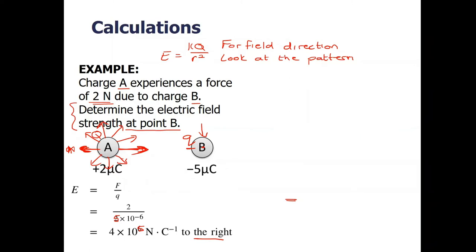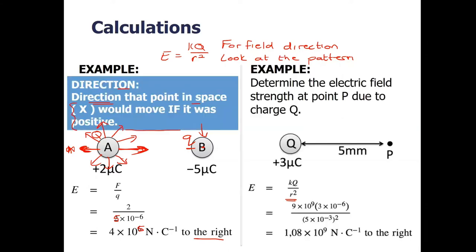From that point of view, what direction is that field pointing in? If we look at the other one's direction, so this one also is to the right. It's also a positive charge. Okay, so if you're looking from this perspective, you're looking at that arrow. If you're looking from this perspective, your arrow is pointing to the left.